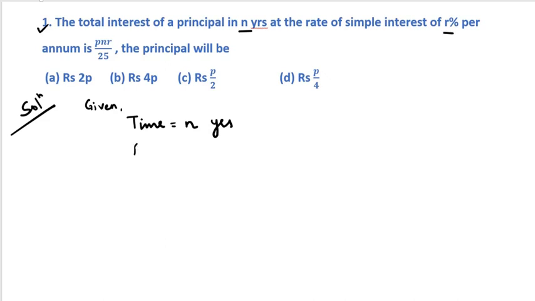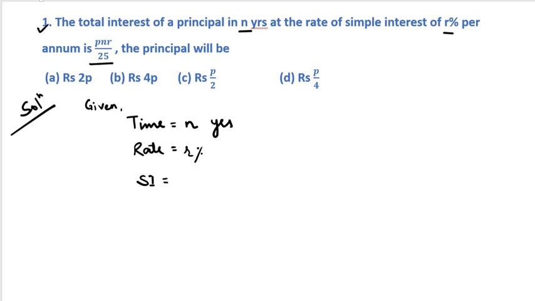So हामीलाई rate पनि दिएको छ, r% per annum, and total interest per annum is PNR by 25, माने SI पनि दिएको छ.